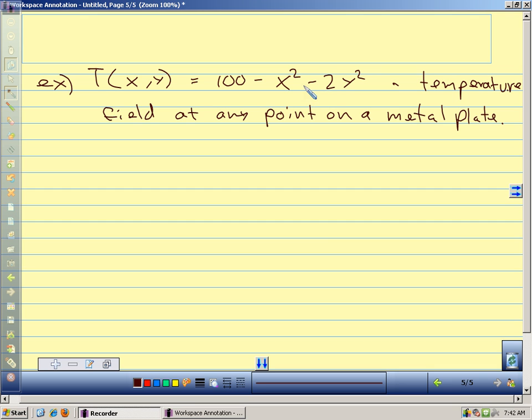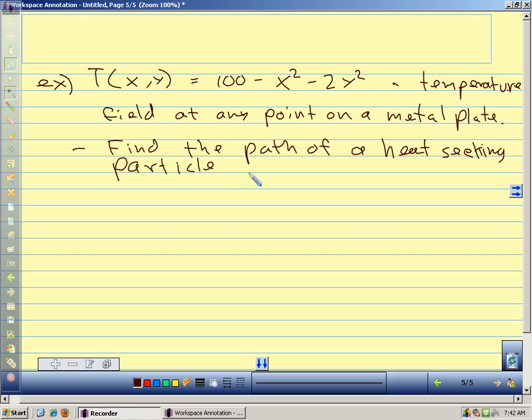Okay, we want to find, this is where it gets fun, the path of a heat-seeking particle placed at the point (4, 3).